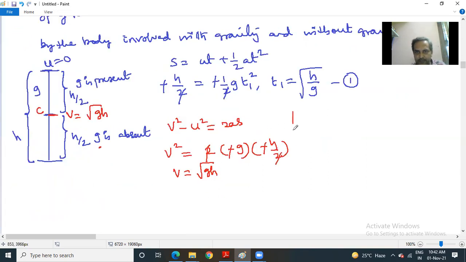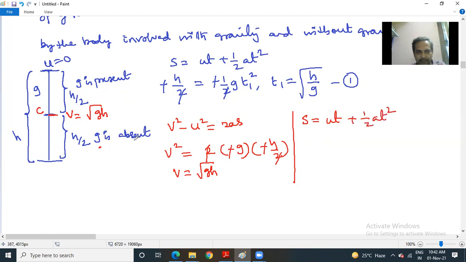Now, it continues with the same velocity in the remaining journey. So therefore, make use of s equal to ut plus half at square once again.